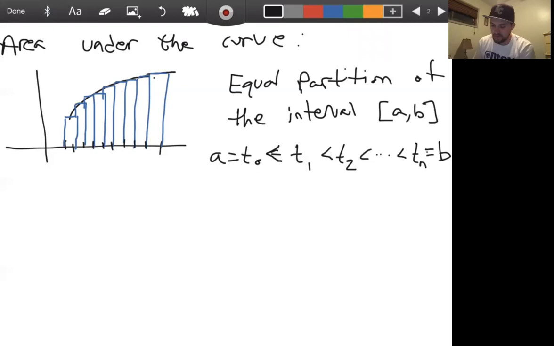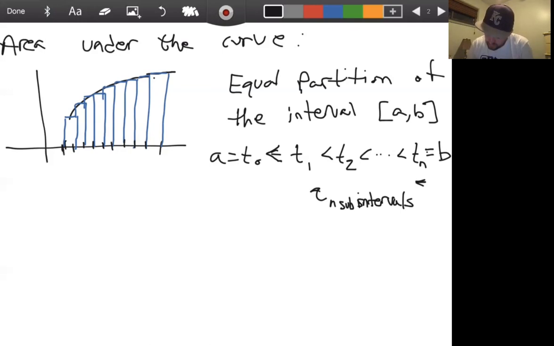Which means we've split this up into n subintervals, right? That's what this equal partition gets us. It gets us n subintervals, right?